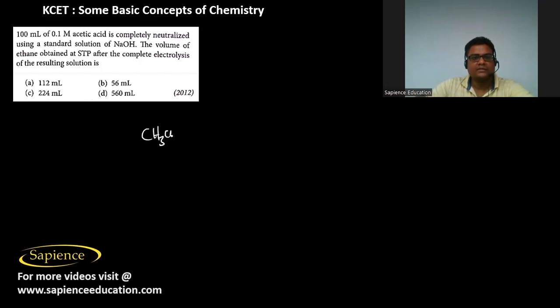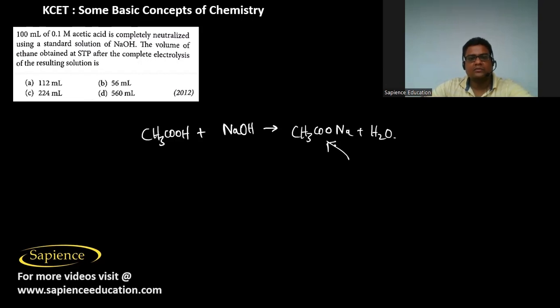So acetic acid, CH3COOH, is completely neutralized using NaOH. From here CH3COONa, which is sodium acetate, will be obtained with H2O, and then this will be electrolyzed, and from here ethane will be obtained.